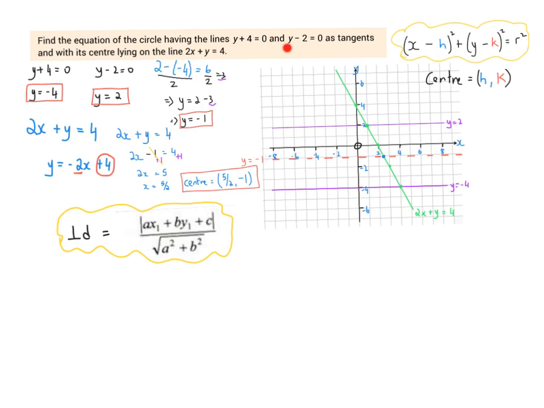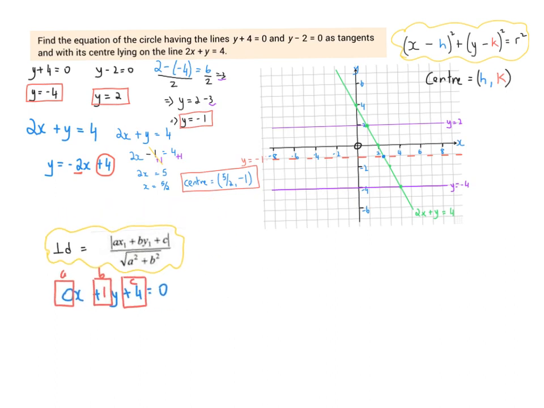So if I'm taking either of these lines, for example the y plus 4 equal to 0 line, I need to have that in the form of something x, so I have no x in that case, plus y plus 4 equal to 0.